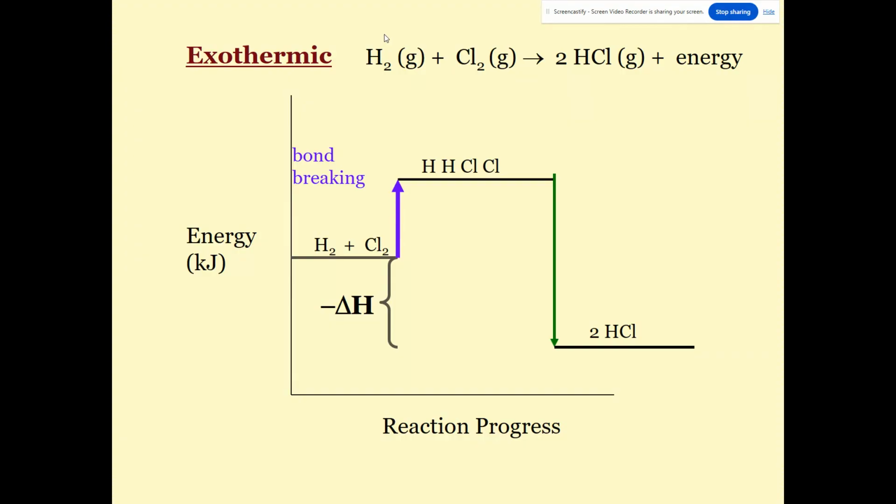And then energy is released during the formation of HCl. Now notice how the purple bond breaking line is less than the bond forming green line. The bond forming is releasing, the bond breaking is absorbing. So we have a net release of energy in this process. Our delta H is negative.